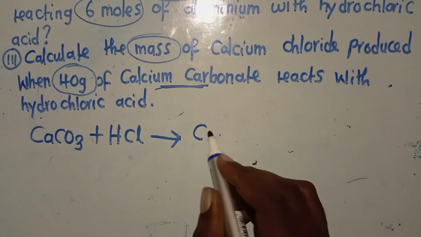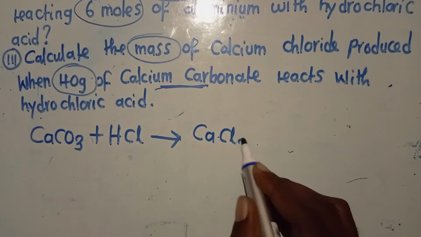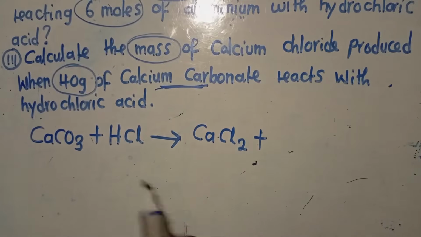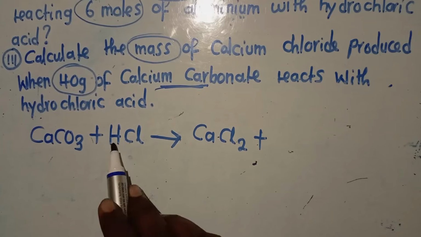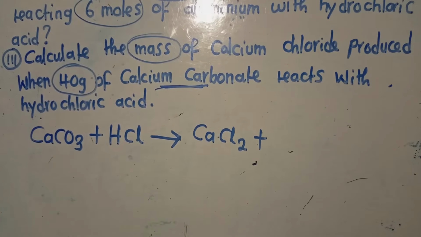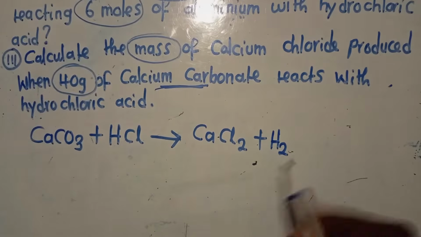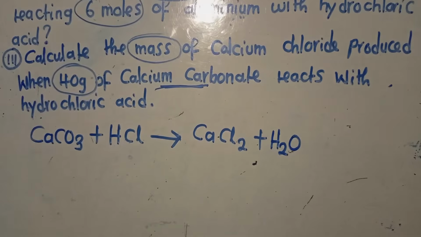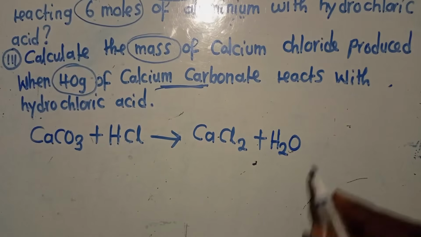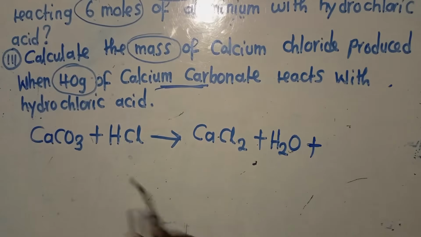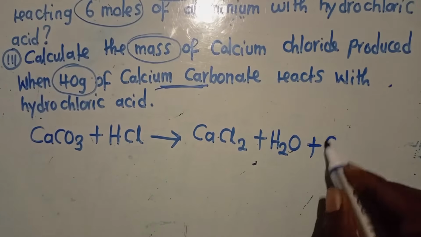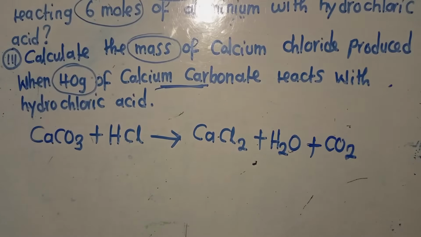I'm going to have calcium chloride, plus water that is going to be produced in this reaction, H2O, plus carbon dioxide. So this is an equation that you need to get.